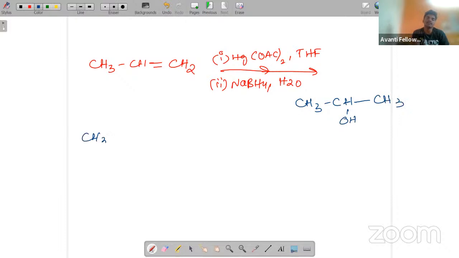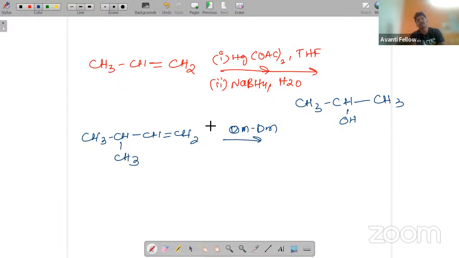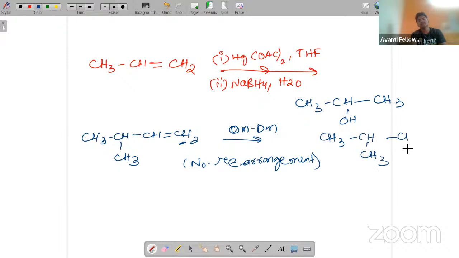Simultaneously, CH3 CH, bond CH double bond CH2, and if you are having CH3 here, again we are doing OMDM, oxymercuration and demercuration. Again H plus will come here and OH, but there is no rearrangement. When there is no rearrangement, it will be CH3 CH, CH3 CH bond OH and CH3.